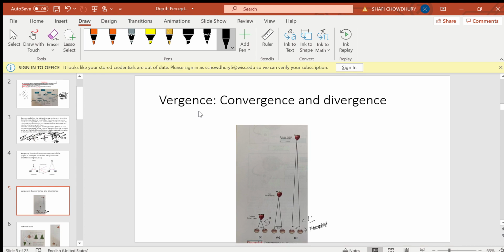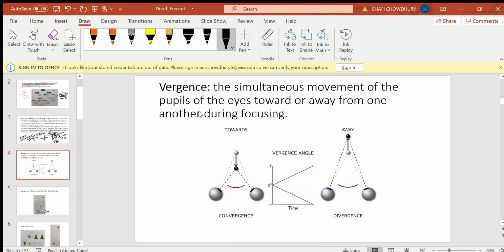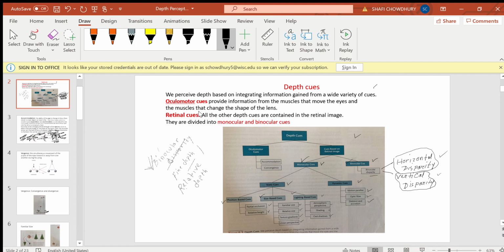Okay. So now let's see what we are going to do next. So those two are the cues, very important cues. Those are oculomotor cues, accommodation and convergence.